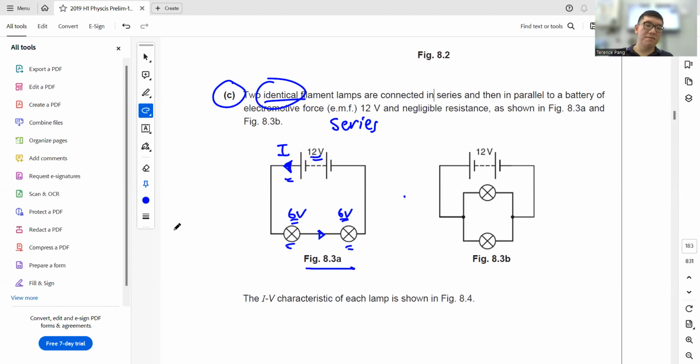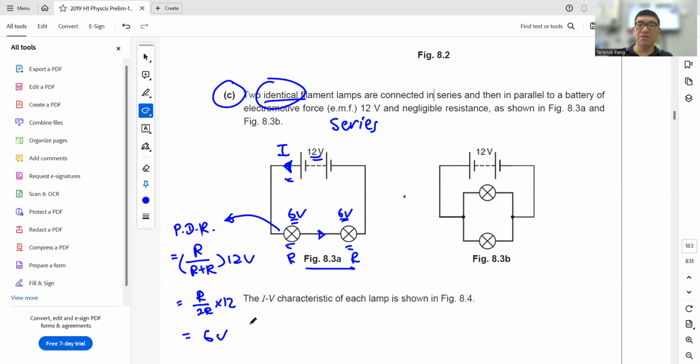If you are not too sure about this, you can use the potential divider rule. Let this be R and R. For the first one, if you apply the formula, it will be R over R plus R times 12, which gives R over 2R times 12.